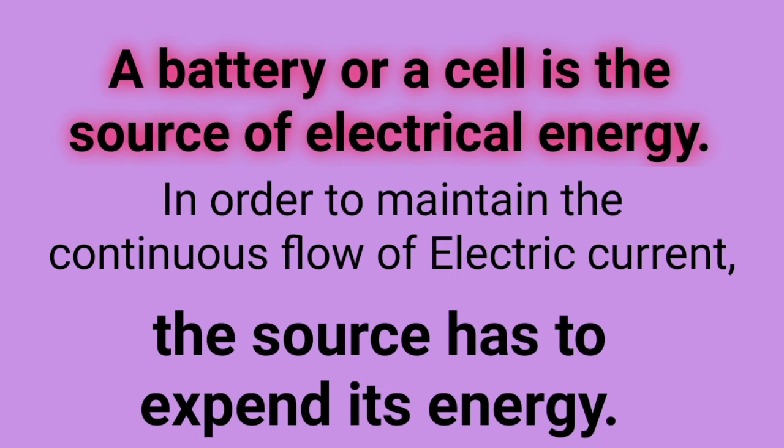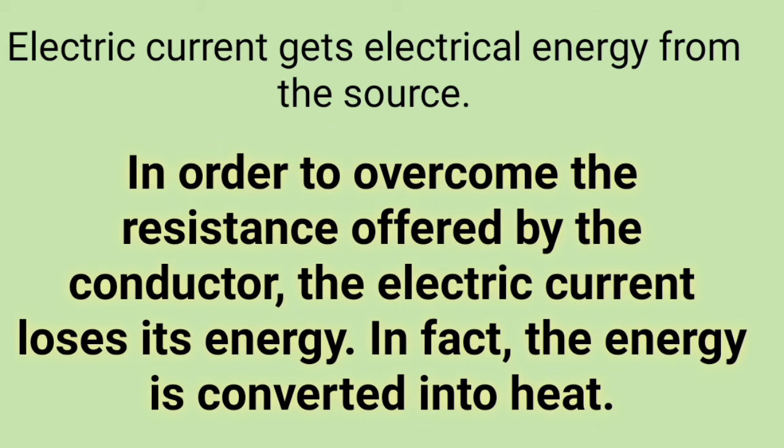Electric current gets electrical energy from the source and carries it through the circuit. And in order to overcome the resistance offered by the conductor, you know that every conductor offers some resistance, the electric current has to lose its energy.